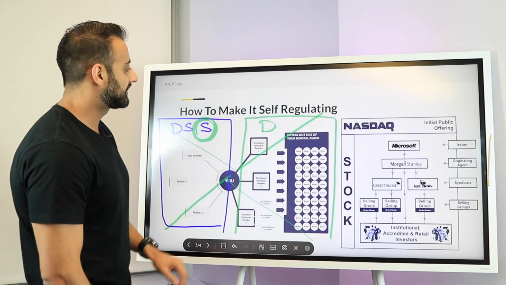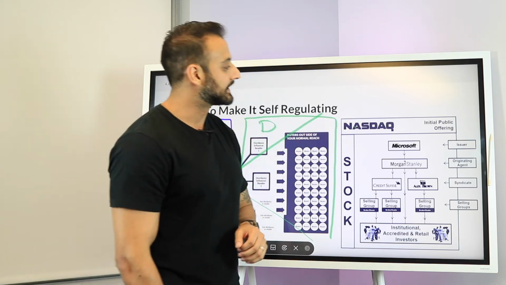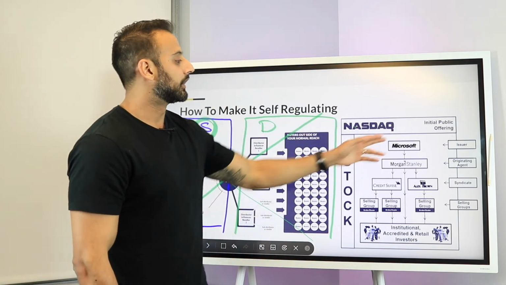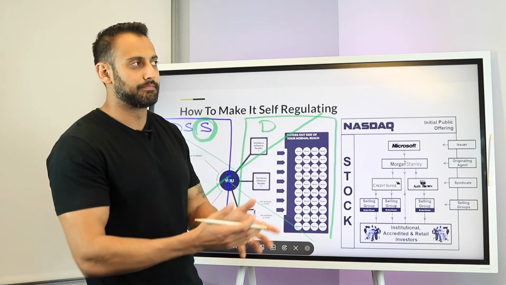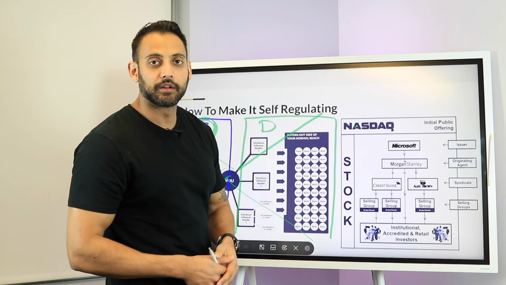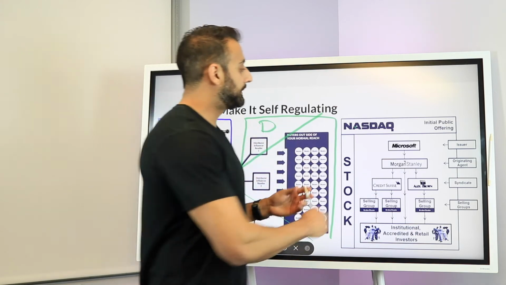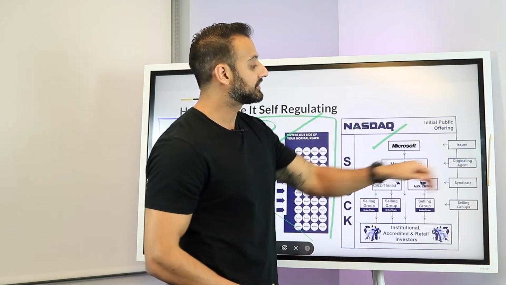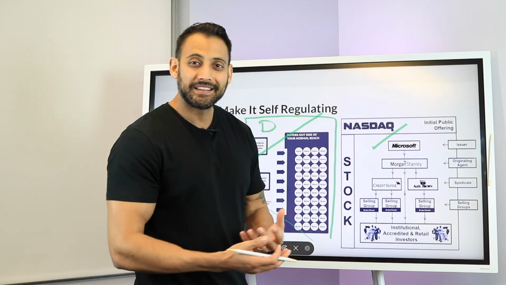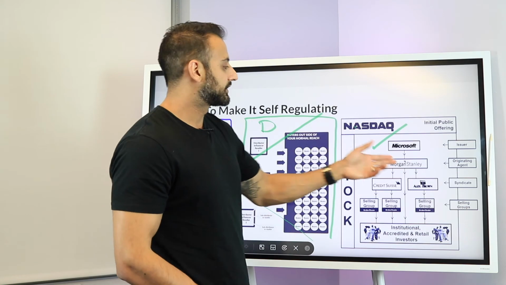And you can see this, and I've gone right back to the beginning here with my IPO example. You've got Microsoft. It's the perfect deal. It's the perfect structure. It's the perfect scale. It's massive. It's global. And they know how to sell their product, right? So there's a big check mark here. And so what happens is you've got Morgan Stanley, the originating agent. They are completely standalone. They don't need Microsoft to pay them.